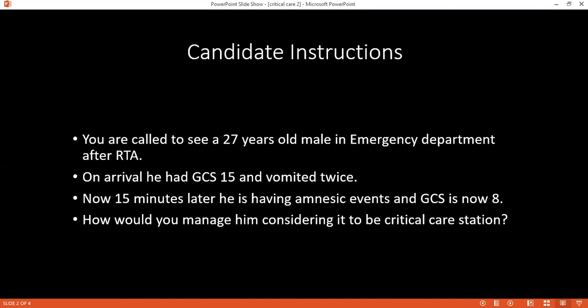Can you define the Cushing triad? Cushing triad is the array of three symptoms that occur following raised intracranial pressure: hypertension, bradycardia, and irregular breathing.